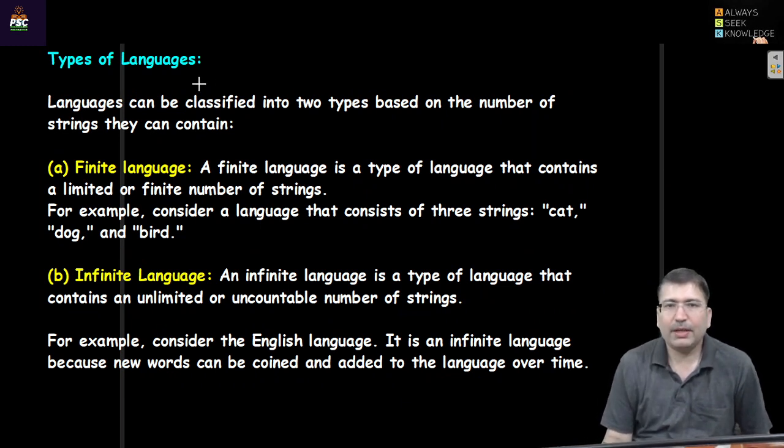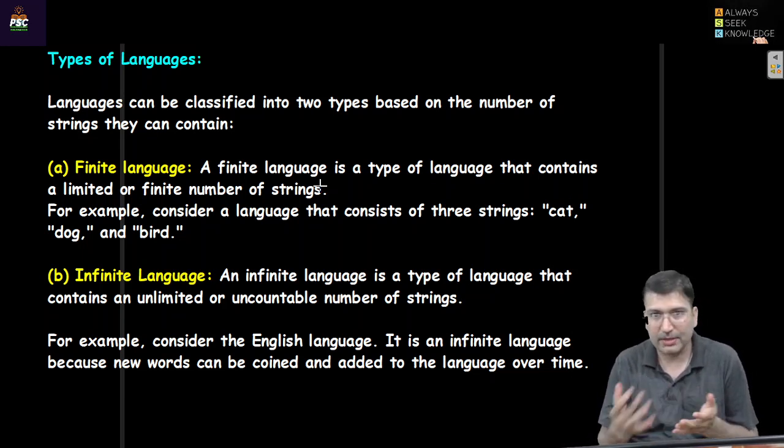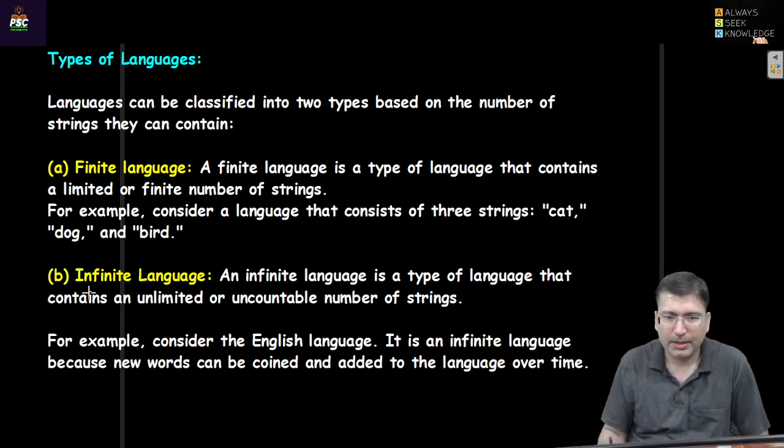Now there are different types of languages: finite languages and infinite languages. So what is a finite language? As the term suggests, a finite language is a set of a finite number of strings, and an infinite language will contain an infinite number of strings.